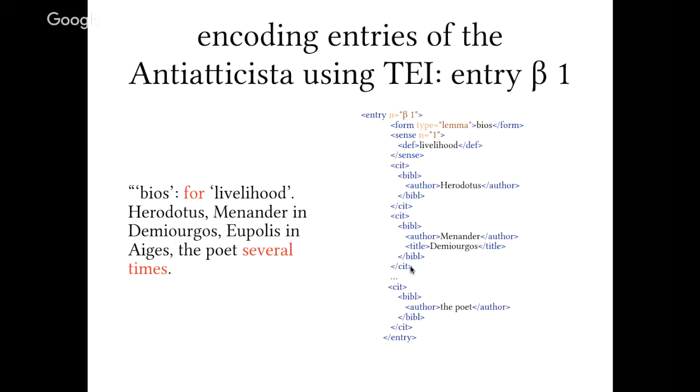It is not very difficult to use the TEI module in order to annotate this entry. The entry is clear-cut. The form, the headword, is also very clear. And then we have a sense that is defined in a specific way, and some citations. In all of them we have an author, and some of the times we have also the title.